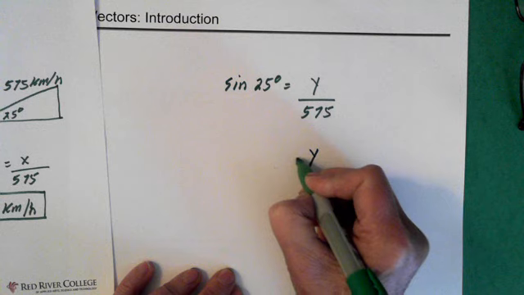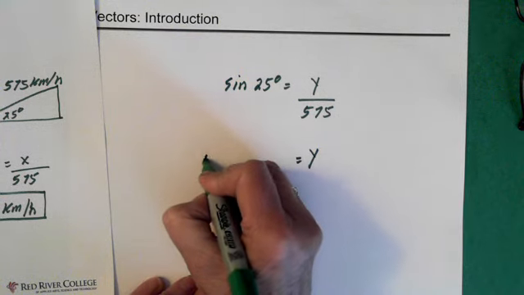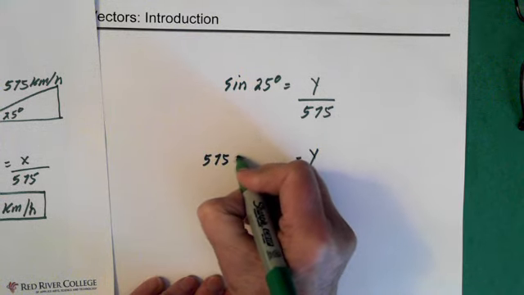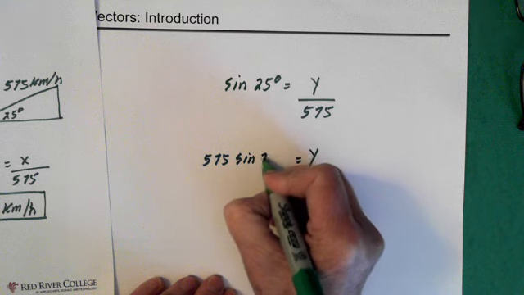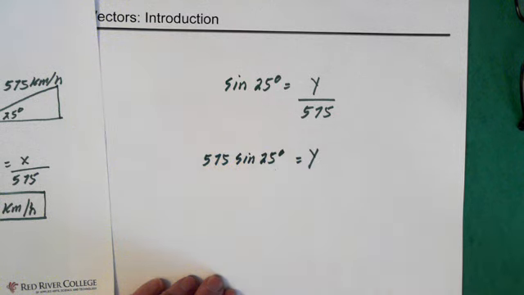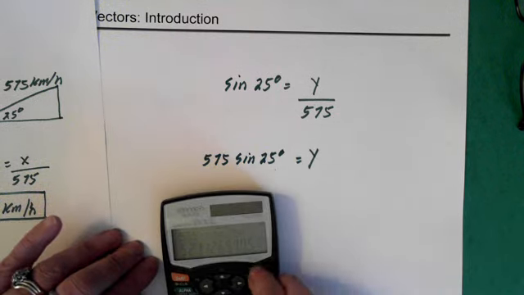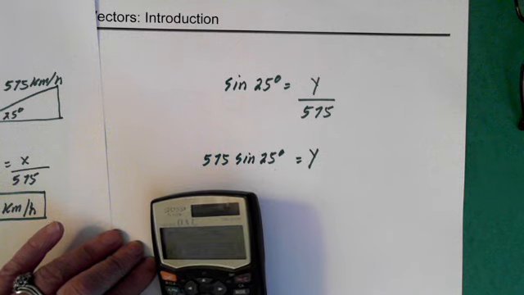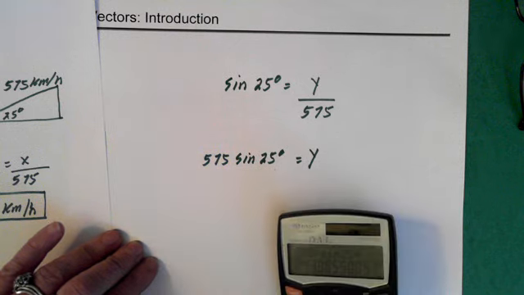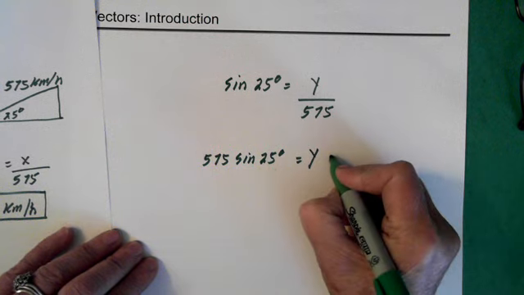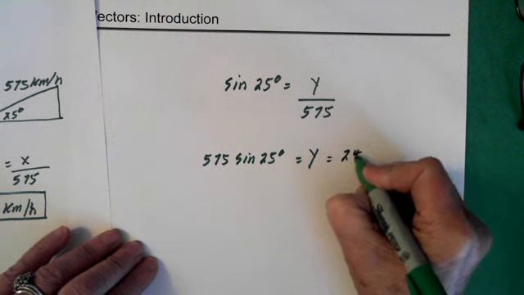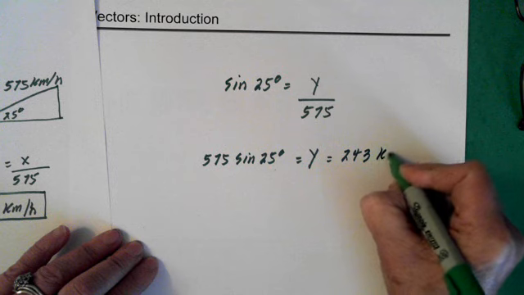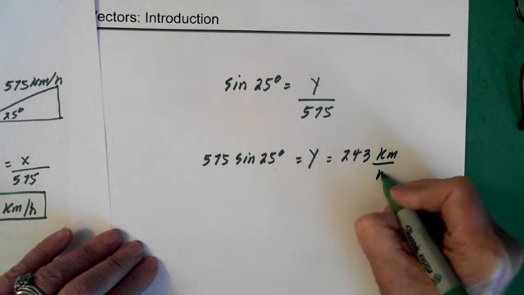So y equals 575 times the sine of 25 degrees. So 575 times sine of 25 equals 243. So that equals 243, and the units are kilometers per hour.